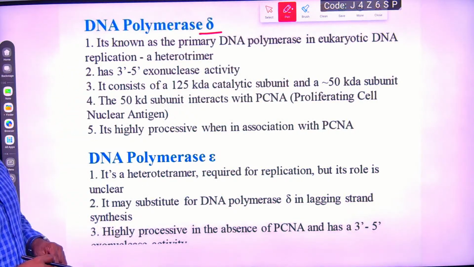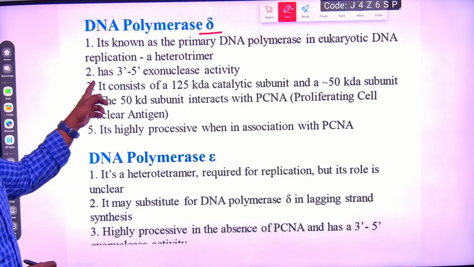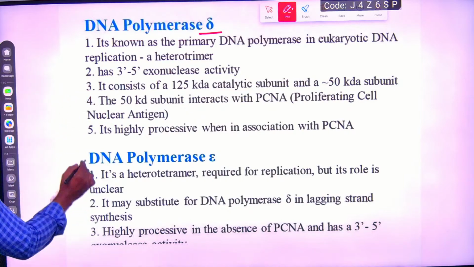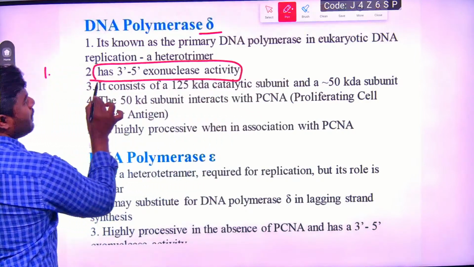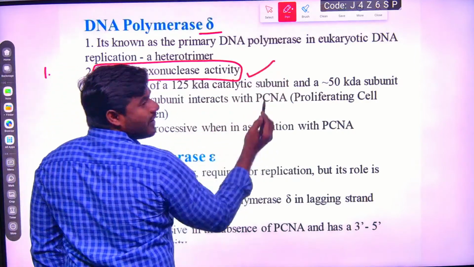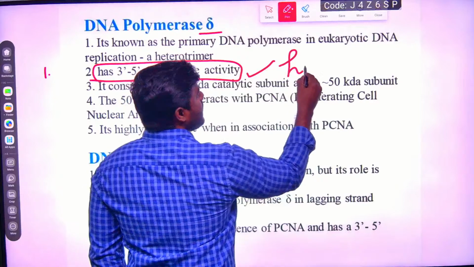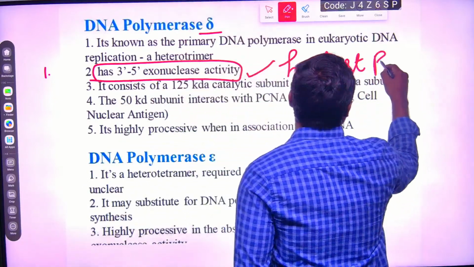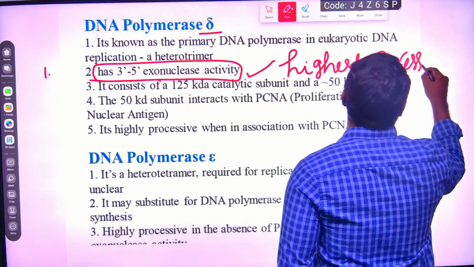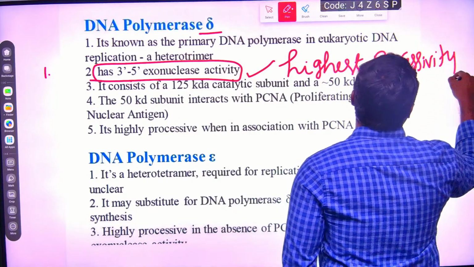What's the point you all have to understand here? Polymerase delta's major function: it can do proofreading, and why are we saying it is the most important enzyme among all? Obviously the reason is the highest processivity.